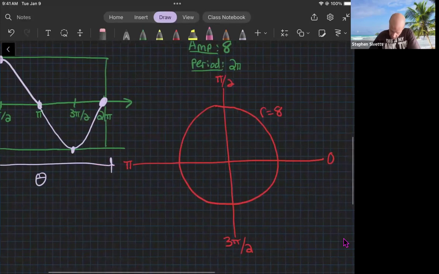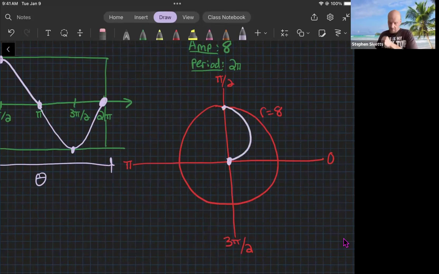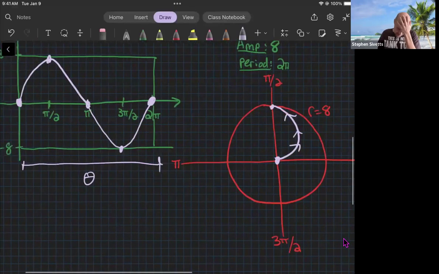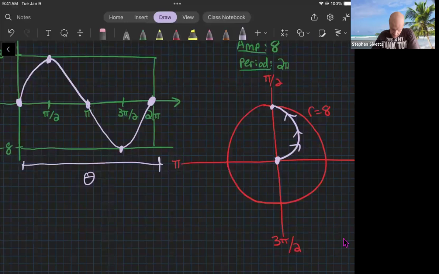So it starts here at the origin, and then it increases up to 8, like this, right? So it's going this way. When theta goes from pi over 2 to pi radians, our radius is decreasing, right? From 8, so it's going to go this way.